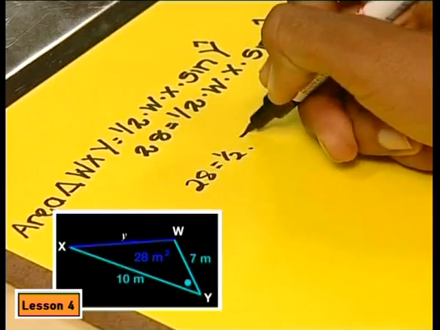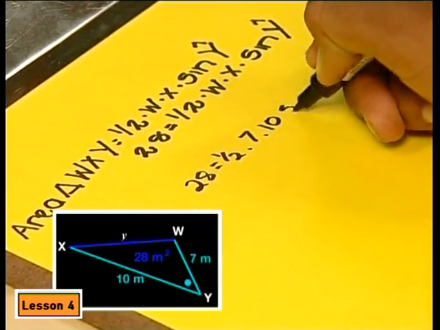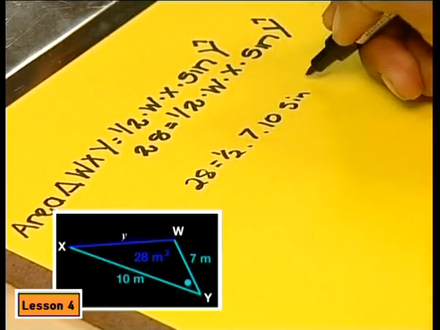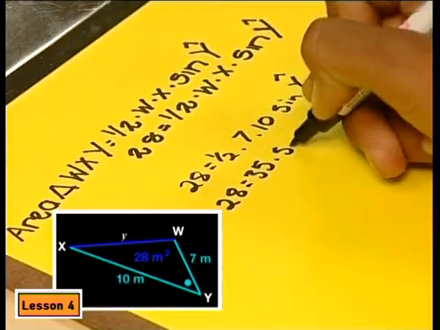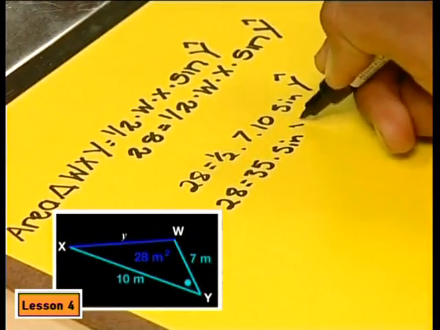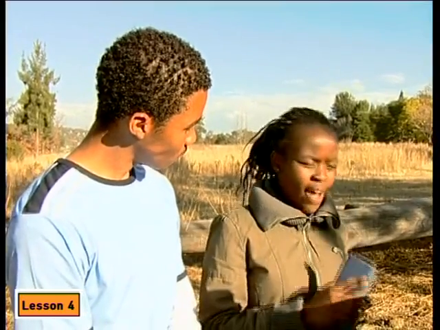Okay, let's first see what the formula will be. If X is 7 meters and W is 10 meters, then 28 equals half times 10 times 7 times sine of angle Y. So 28 equals 35 times sine Y. If we divide both sides by 35, we'll get sine of Y equal to 28 divided by 35.